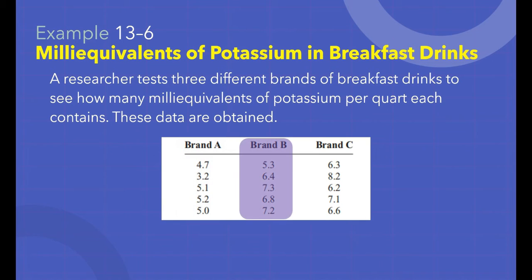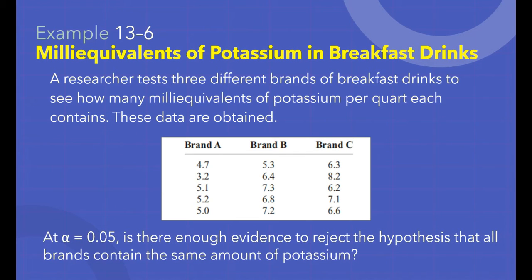In brand B, we have 5.3, 6.4, 7.3, 6.8, and 7.2. In brand C, we have 6.3, 8.2, 6.2, 7.1, and 6.6. At alpha equal to 0.05, is there enough evidence to reject the hypothesis that all brands contain the same amount of potassium?